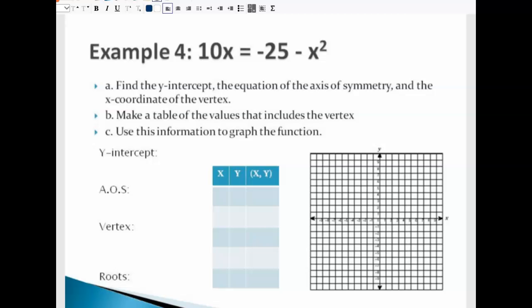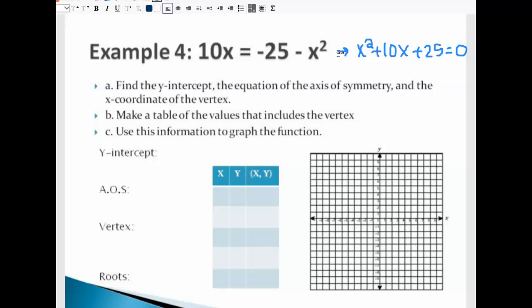So I'm going to add x squared to the other side, plus 10x. I'm also going to add over the 25. I added x squared, I left the 10x, I added the 25, and that leaves this set equal to 0.